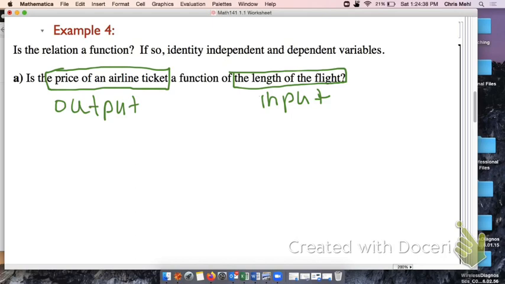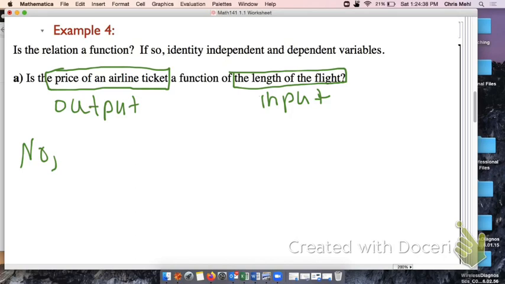In this particular example, there are a lot of different reasons why this is not a function. You're going to want to say no here, and that's because for a particular flight length, there are multiple airline prices. There is more than one way to see this.